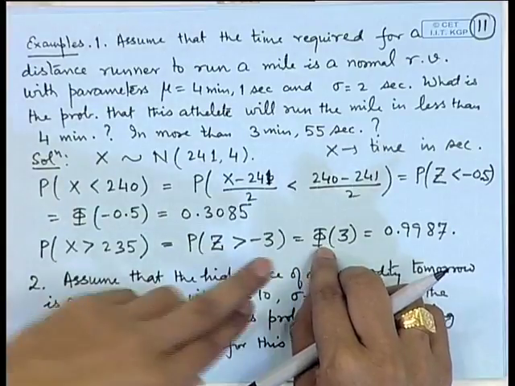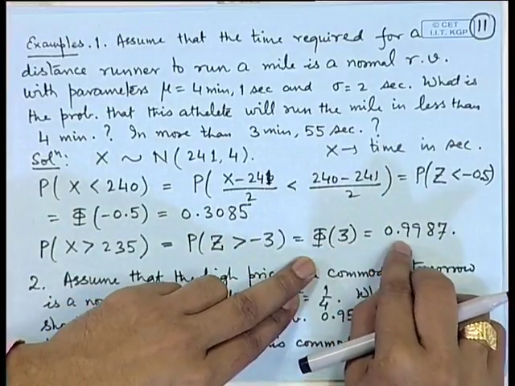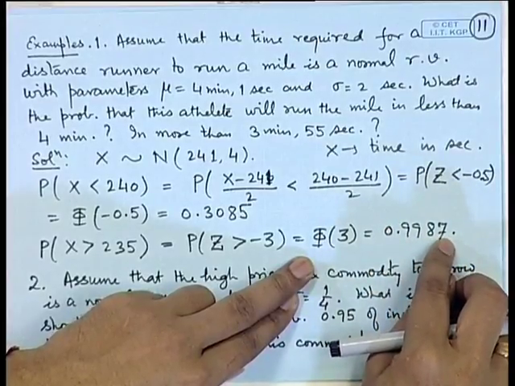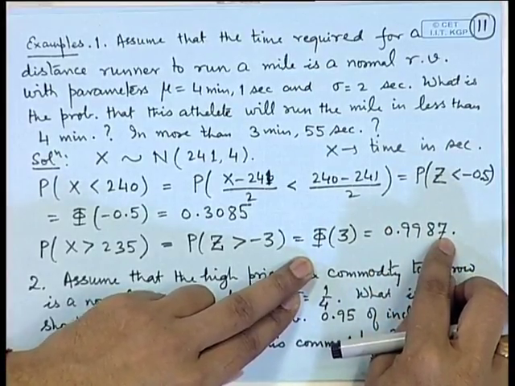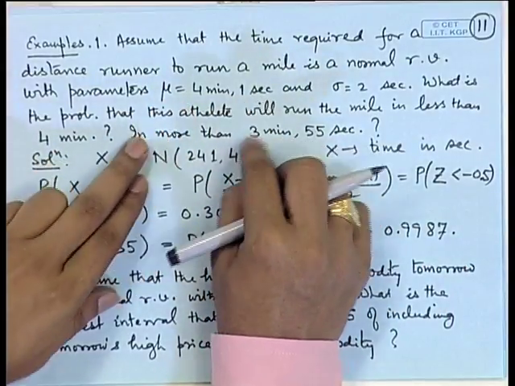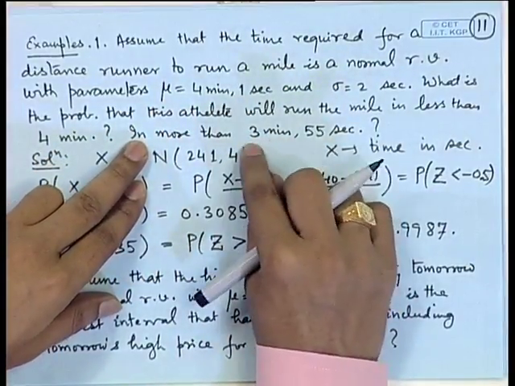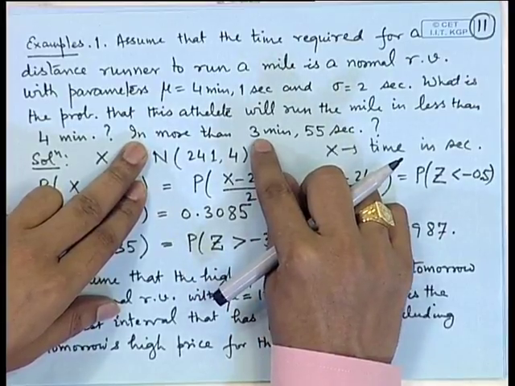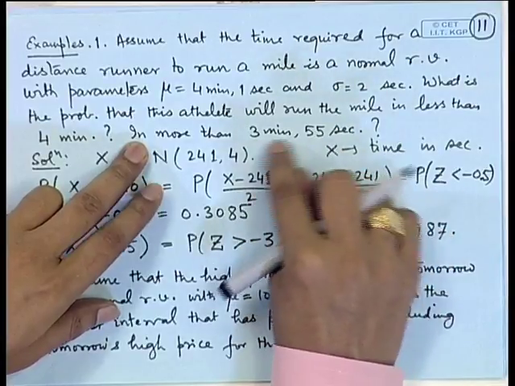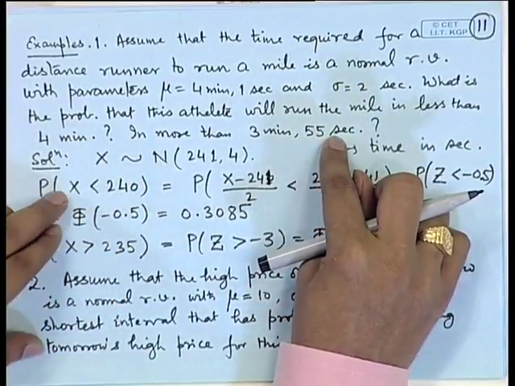So, this is equivalent to phi of 3, which is 0.9987, an extremely high probability. Here you can see that the mean is 4 minutes 1 second, which means almost surely he will complete the race in more than 3 minutes 55 seconds.